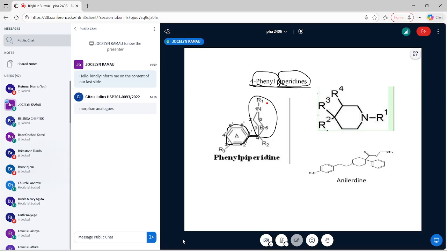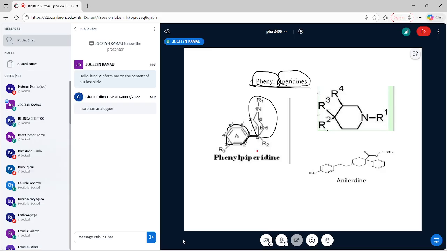You have R1 at position number 1. Again, if you look at this compound, it is important to note that the numbering changes, because we have removed ring B completely, and we are only left with ring A and ring D. So we have 2 rings, and again the numbering changes.